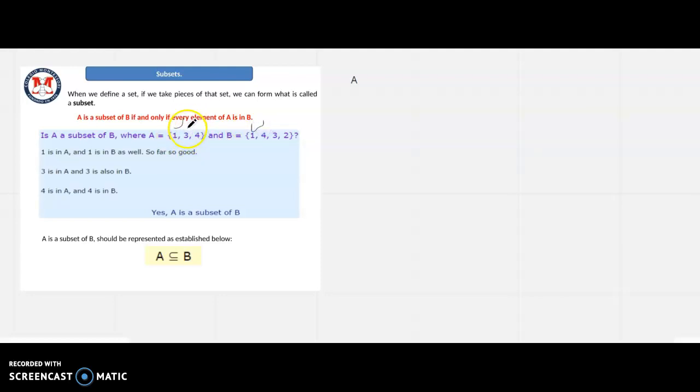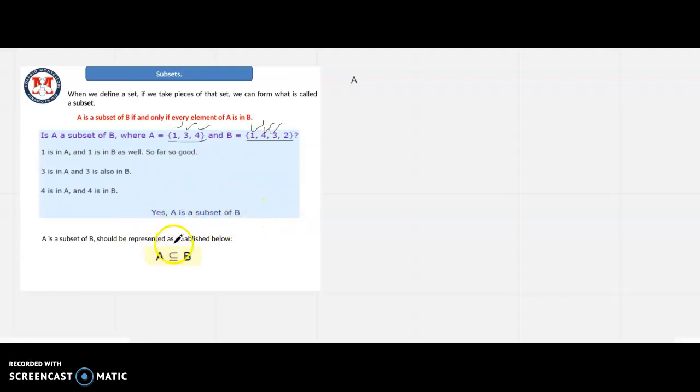Then we go on with 3. Number 3 belongs to A, and 3 belongs to B. And the next one, 4, belongs to A as well as B. So all the elements of A are part of the set B. So we can say, yes, A is a subset of B.